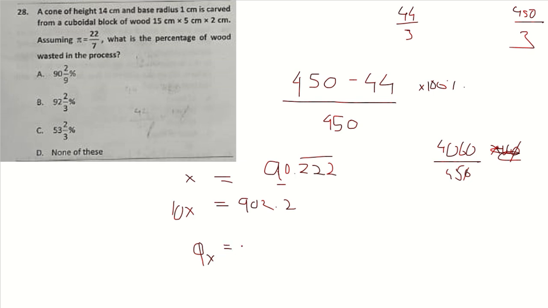So 9x is equal to 812, x is equal to 812 by 9. When we solve this, we will get 812 by 9 is equal to 92 by 9, which is option A.